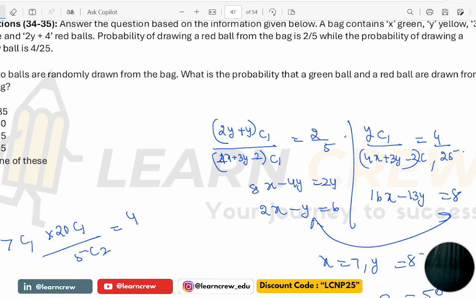It is nothing but 7 into 20 by 1225 by 2. 50C2 is 50 into 49 by 2, so that is 1225 by 2. The answer would be 4 by 35.